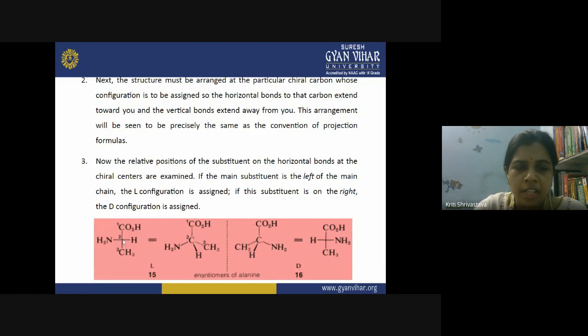So we are arranging the groups like this, and this is the carbon atom around which we need to give the configuration. Now you will convert that vertical chain like this. Suppose I have to see the configuration on carbon atom number 2. So I have aligned the carbon chain like this. Now see, because the carboxylic acid is to be given the highest priority, it will be given number 1 and it is placed on the top.